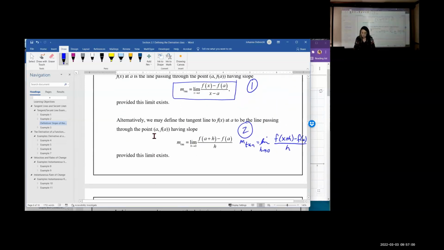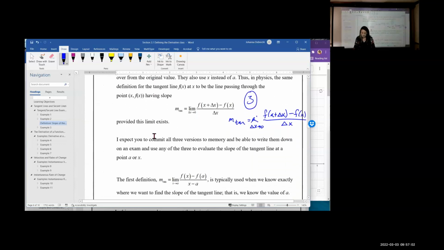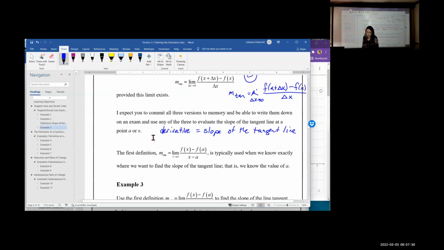So I will ask you, what are the three forms for the definition of the derivative? You will give me those three equations, and then I'll say, what is our hand-waving definition of the derivative? And the hand-waving definition of the derivative is the slope of the tangent line. And then I will ask you to apply one of those formulas to a particular problem.